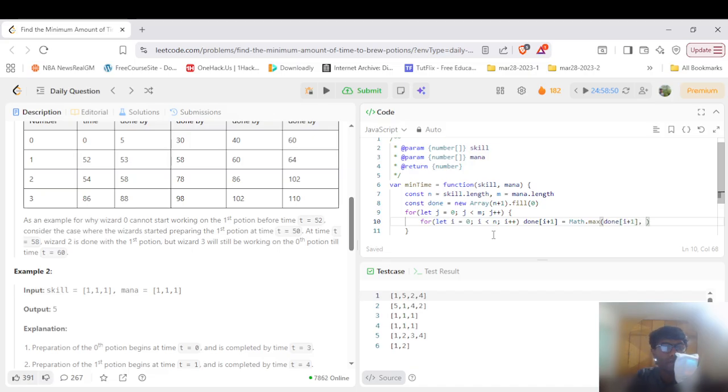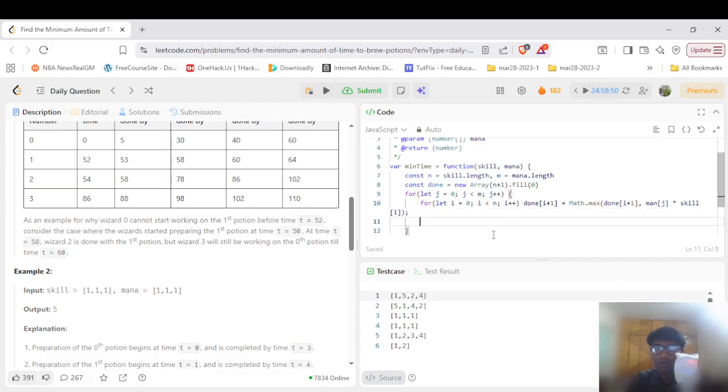So we are checking if the specific skilled worker is good to start, or the value of mana into skill is greater.